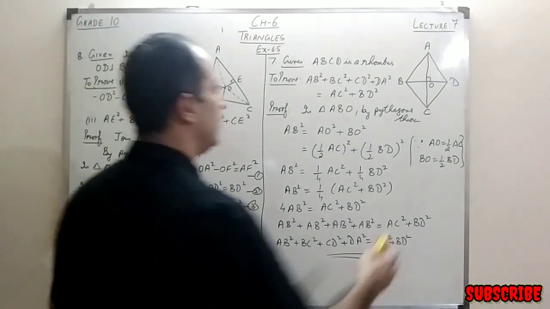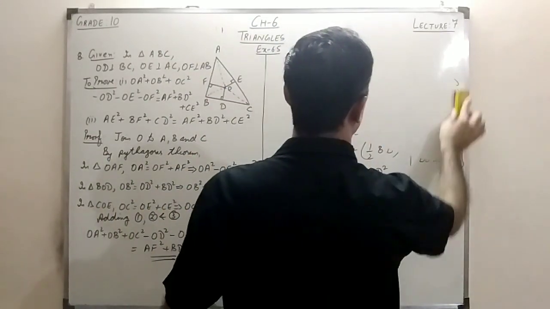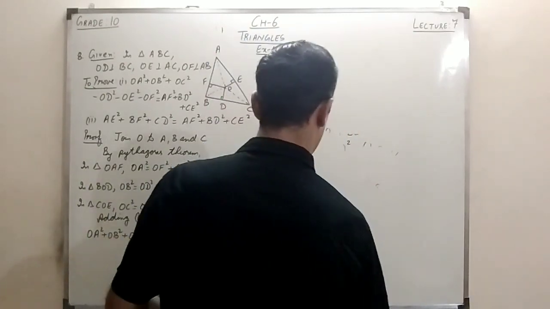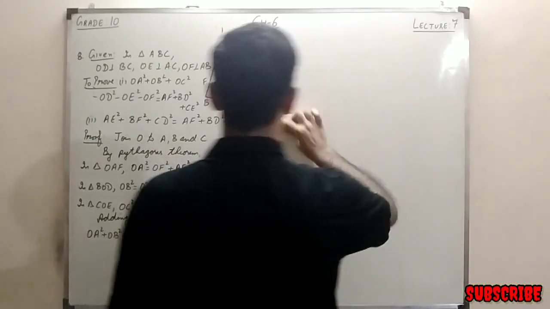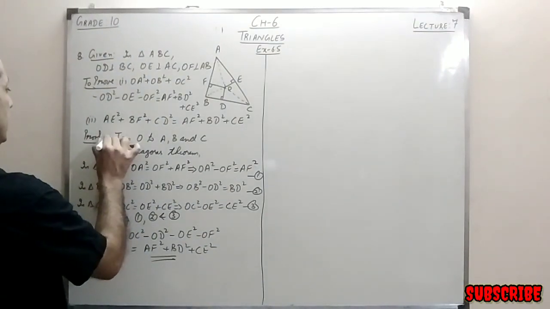Now let's see the second part. We have already taken 3 triangles. Now we take the other 3 triangles for the second part.